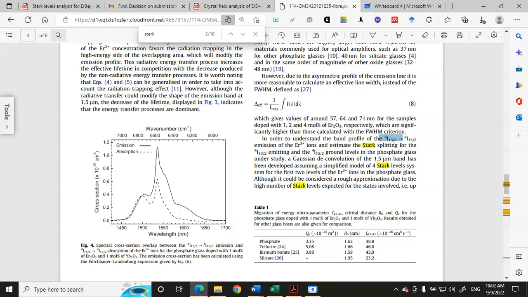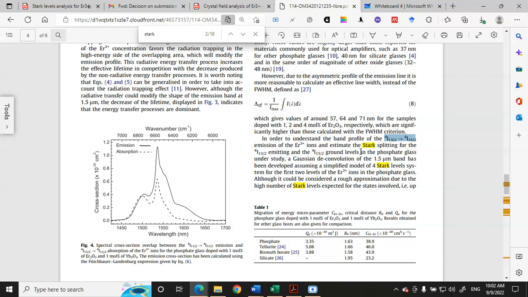So it is interesting for us to study. For erbium it is this transition, and there are other transitions too. So we study this transition.